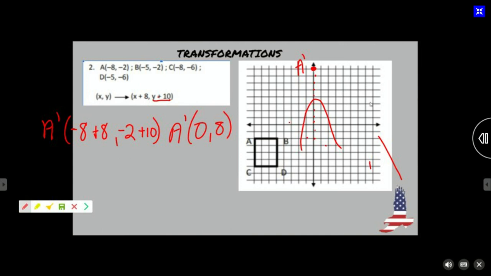Let me ask you this. How did I know to go right and up? Because we're adding 8 and adding 10. All right, give me the other shapes on your paper, please. Get me the rest of your points on this problem, too.